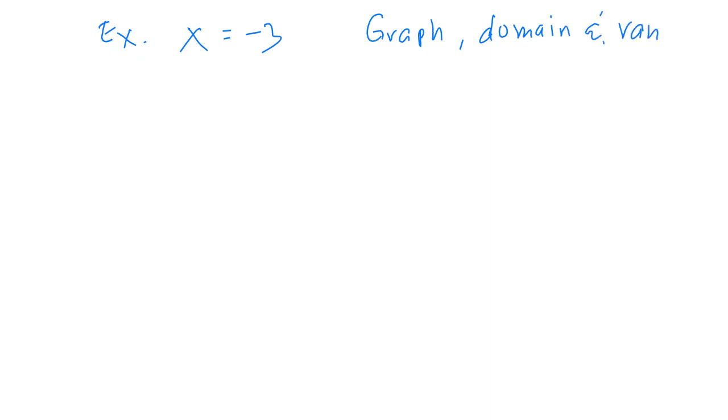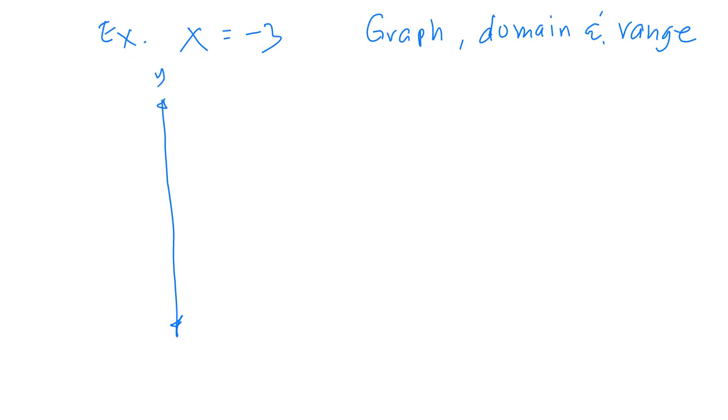Okay, next example. You have x is equal to -3, and still you're asked to graph, and then you have to find the domain and range. Okay, so let's graph it.